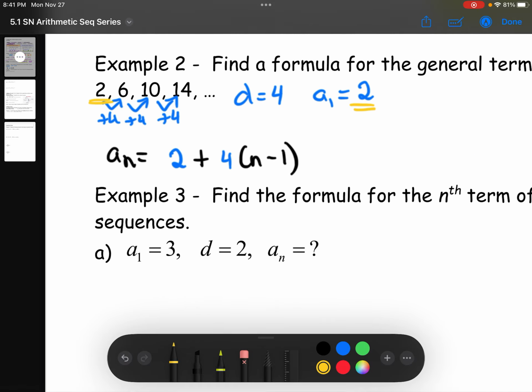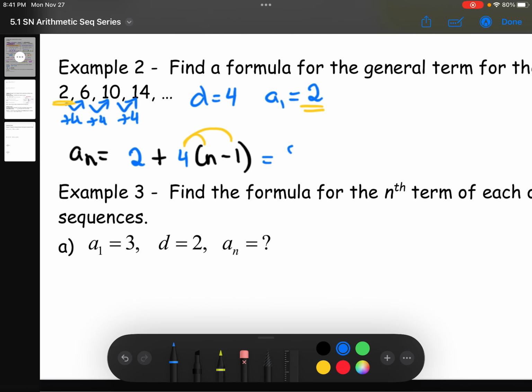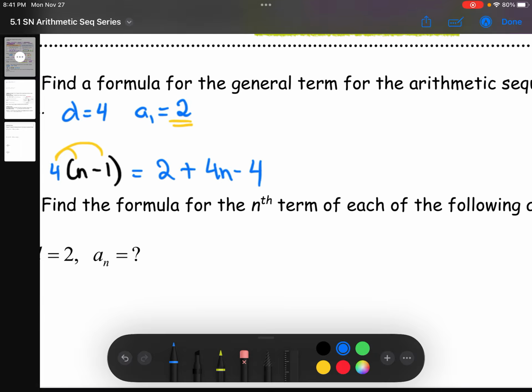Now, we don't want to leave it in this form. We do want to simplify this. We need to multiply before we add. So then this is 2 plus 4n minus 4. We want to combine like terms. So then a sub n is negative 2 plus 4n, or you could write it as 4n minus 2.